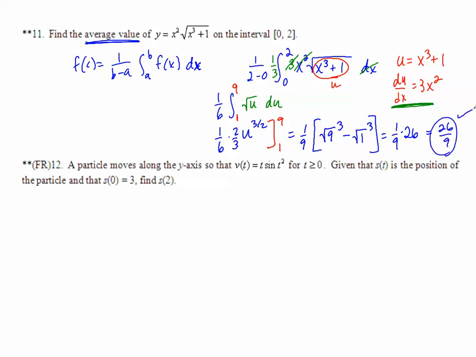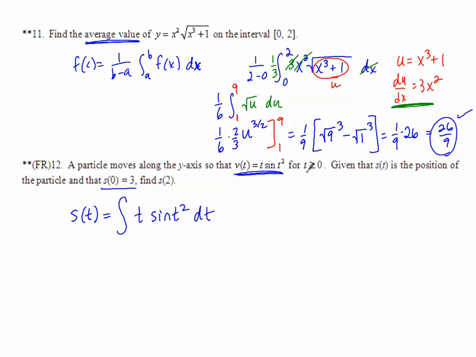Average value. Another example, just to give you some variety: a particle moves along the y-axis so that the velocity is given by this. s of t being the position, given this initial condition, find s of 2. So if this is the velocity and the position is s of t, we want to know the position at 2. So that's the antiderivative of t sine of t squared.